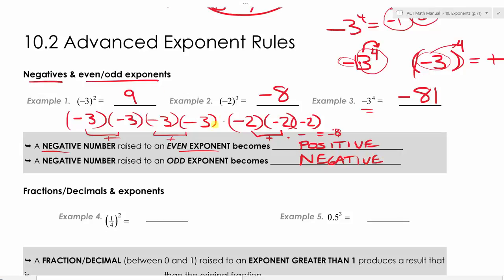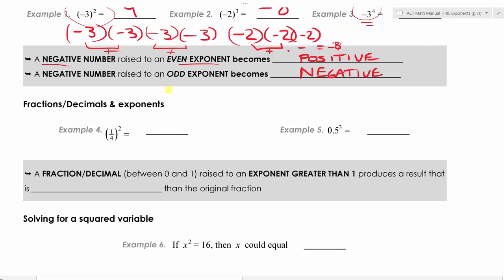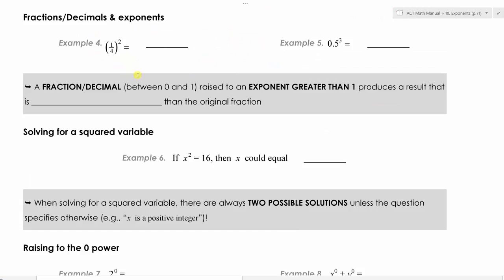Very tricky concept, especially you have to be very careful when you're using your calculator. You have to know which situation you're dealing with, and that might take a little bit of practice or a few careless mistakes before you learn your lesson.